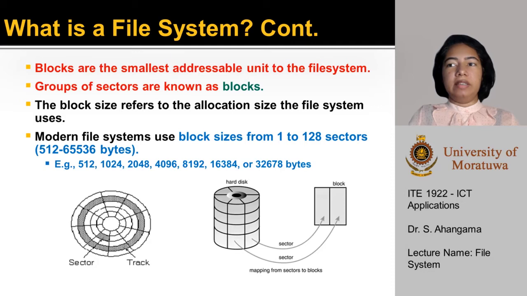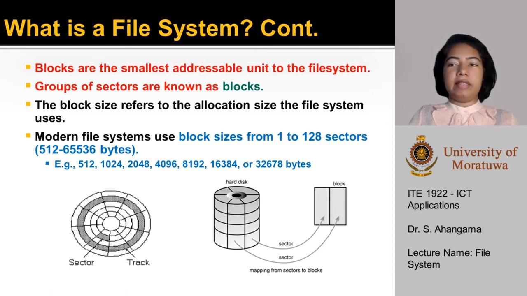Groups of sectors are known as blocks. In this figure, you can see how multiple sectors are mapped into a block. A sector is the smallest addressable unit in physical storage. Then blocks are the file system's smallest addressable unit.